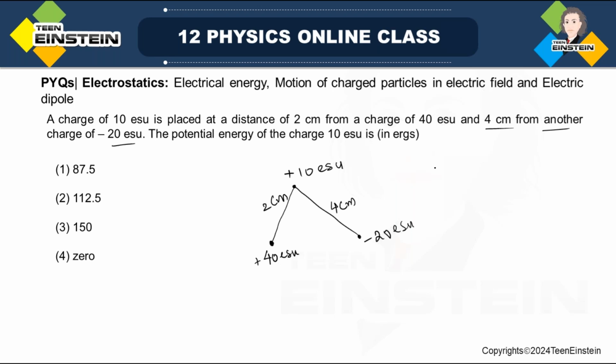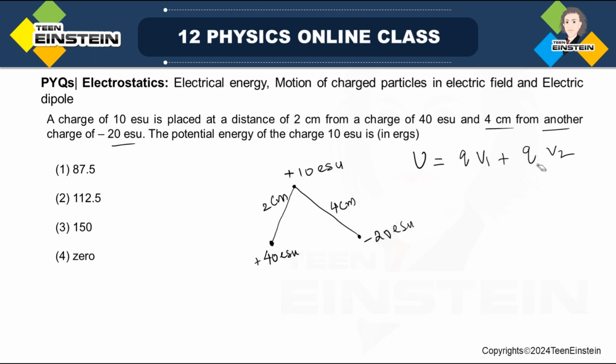So this is simply, see, the total potential energy U of the 10 ESU charge will be obtained as Q1 V1 plus Q2 V2, like that.